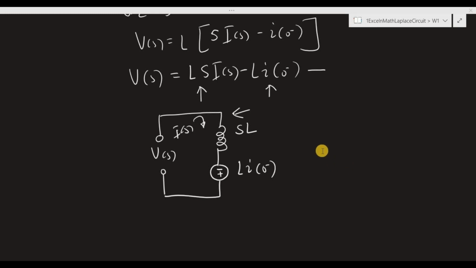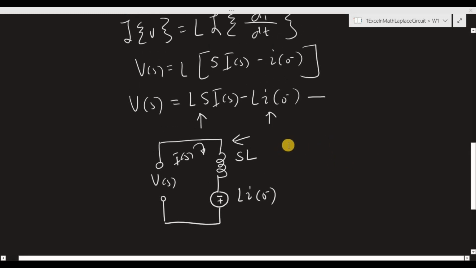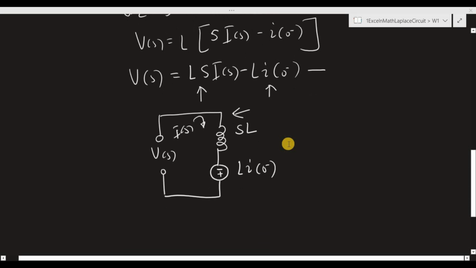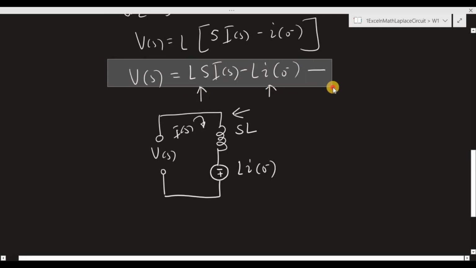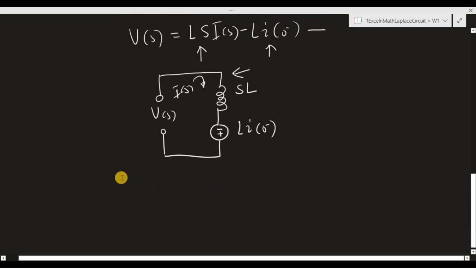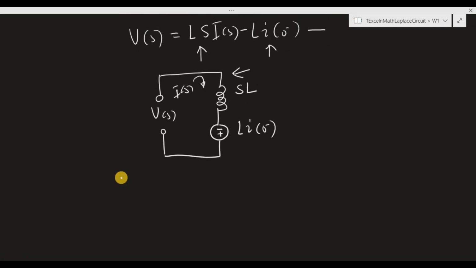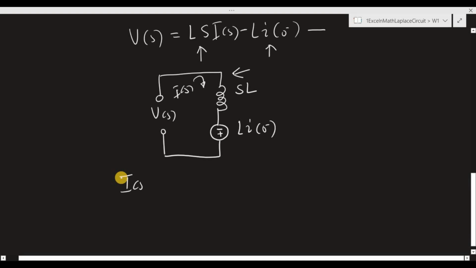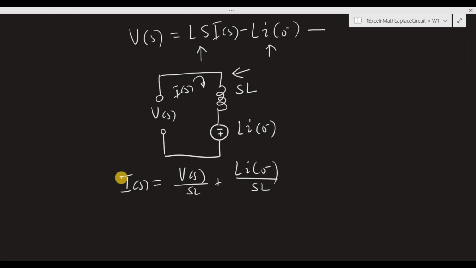Okay, so this is the series circuit model of the inductor in the S domain, and now we are going to find its parallel model by manipulating this equation and solving for I of S. So I of S equals V of S over SL plus L I0 minus over SL.